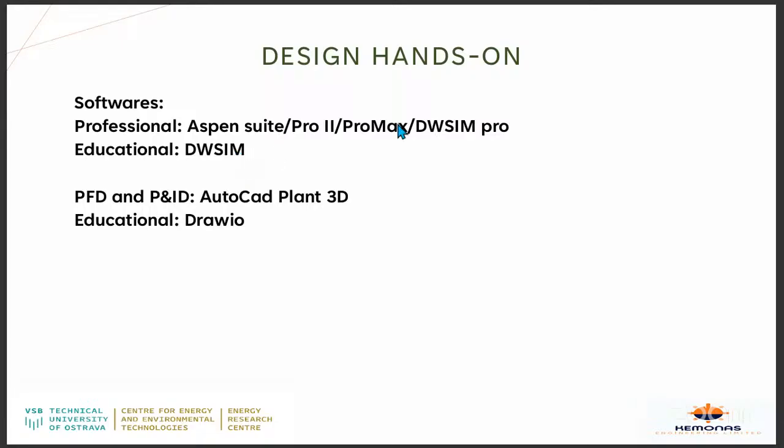But DWSIM has limitations, except you pay for the Pro and then you get full flexibility with the app. You get approximately the same utility as the Aspen Suite. So this will be for the simulation, and for the PFD and the P&ID it would be AutoCAD Plant 3D. However, this also requires licensing, which costs so much. I do not know if your schools, universities or institutions have the educational license for these software.